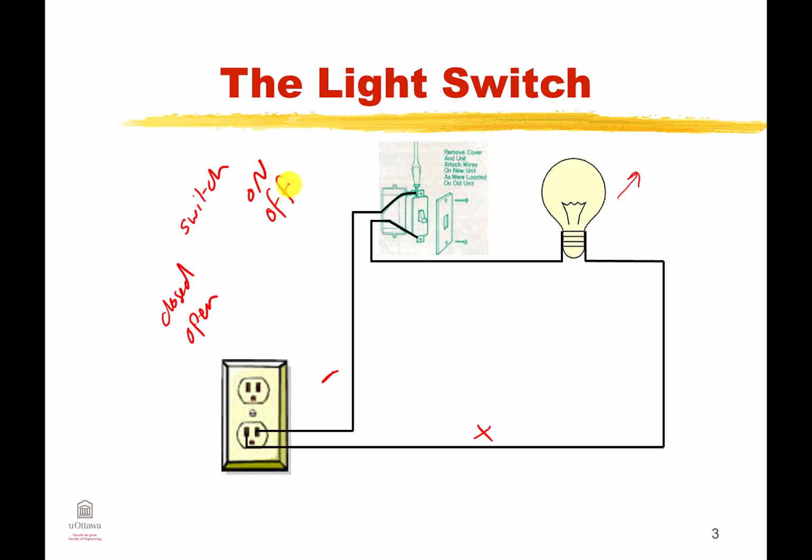This interpretation of an electrical circuit is called a Boolean expression, because remember, Boolean deals with binary, and binary means 1 and 0, which can be translated to on and off.